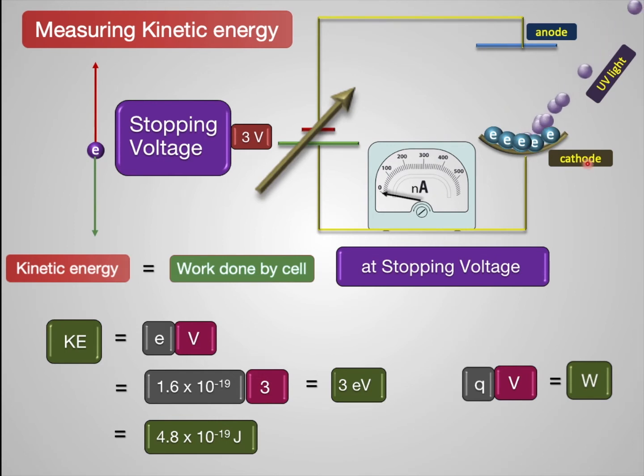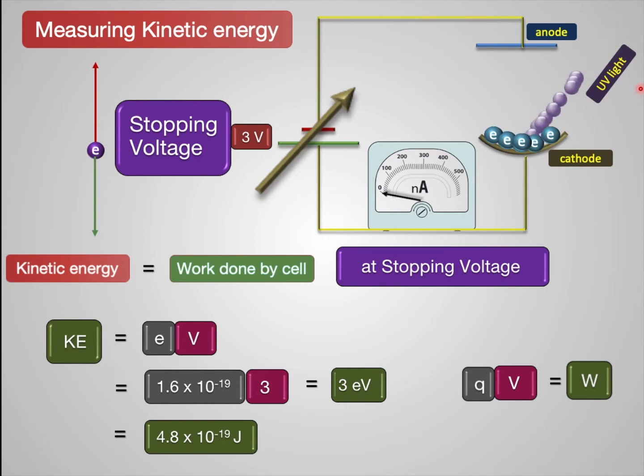I want to find the kinetic energy given by infrared light, but you found 3 eV is for ultraviolet. Now I am replacing this light by infrared. Can you tell me what would happen to the voltage you need to stop the electrons? As you know, infrared has a lower frequency than ultraviolet.